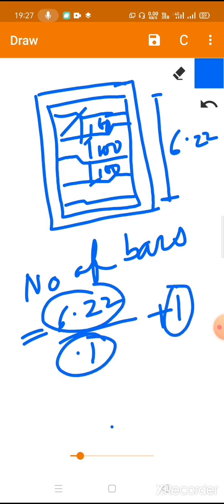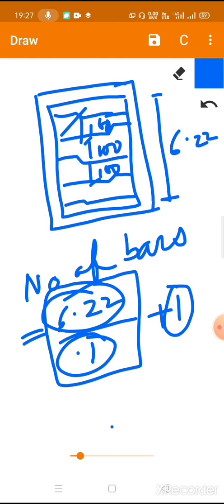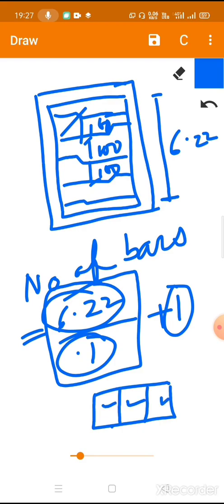Now why this plus 1? Because this is the number of spacings only. Suppose this is a slab and we are providing reinforcement like this. How many spacings are there? 1, 2, 3. There are 3 spacings.